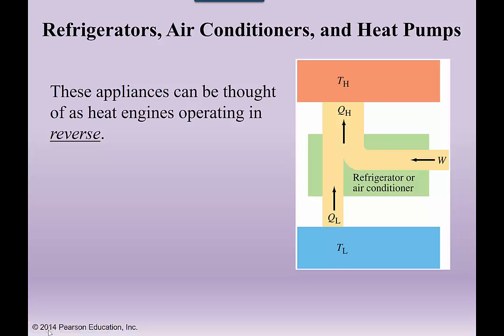These appliances, refrigerators, air conditioners, and heat pumps can be thought of as heat engines operating in reverse. Because remember, for the heat engine, we have heat flowing from a higher temperature down to our lower temperature reservoir, with some allowing us to use it for work of some sort.